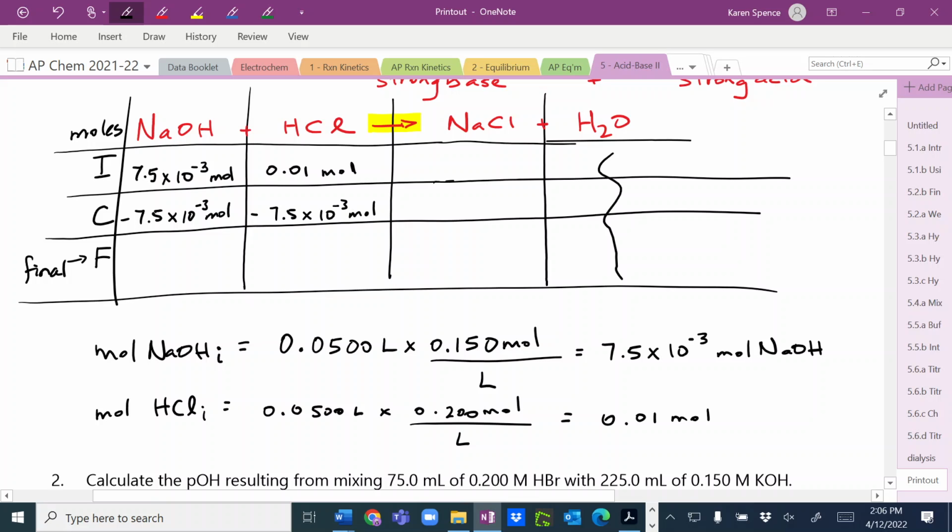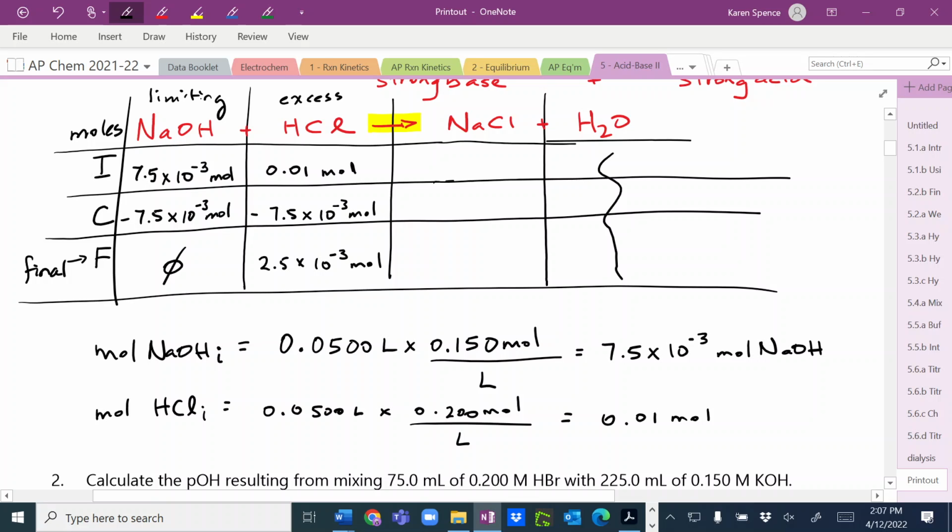Do you care? No. Okay. So we're ending up with 0 because that is our limiting reactant, and HCl is our excess reactant. And then we have to do the subtraction, 0.01 minus 7.5 times 10 to the minus 3 equals 2.5 times 10 to the minus 3 moles.